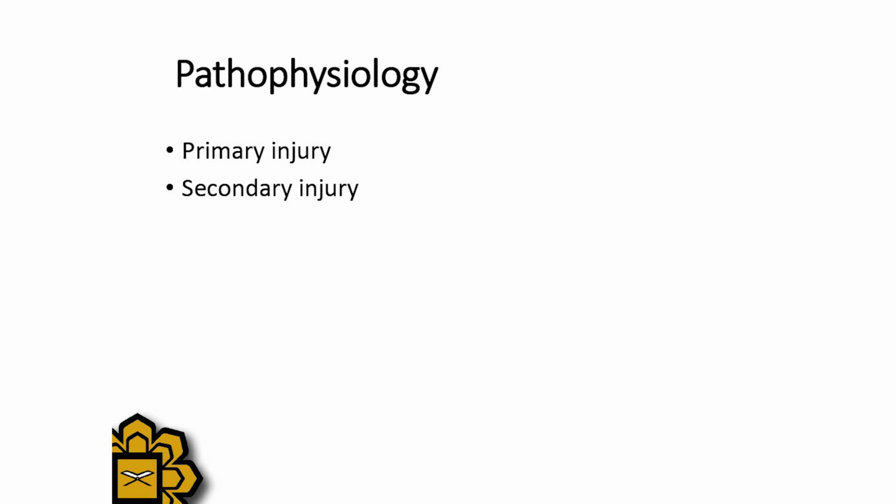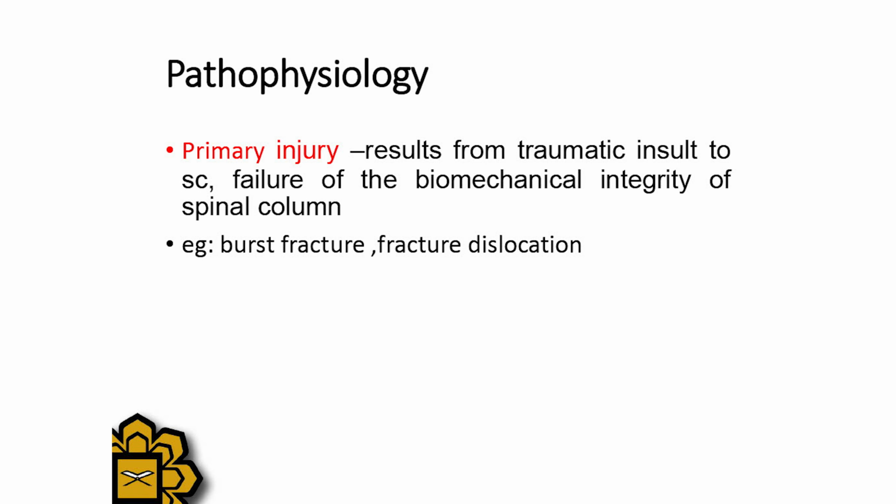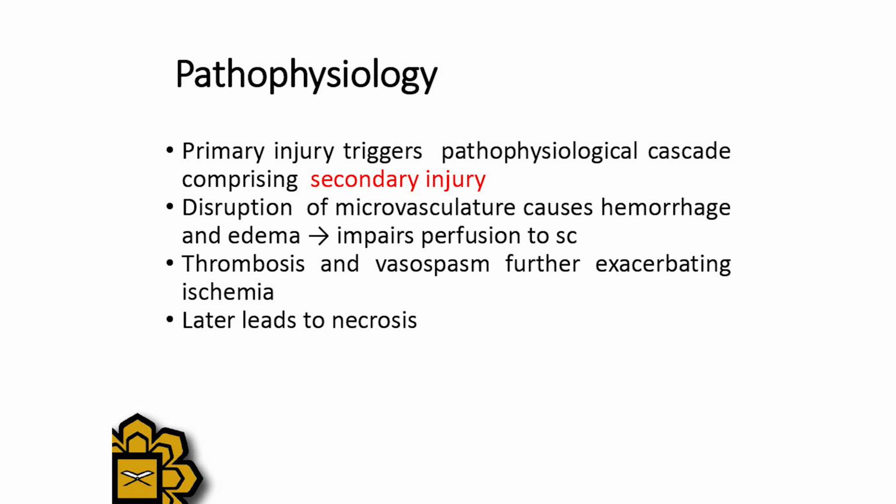So what actually is the primary injury? Primary injury is an injury that occurs at the time of injury, meaning the insult occurs at the time of injury. It can be stretch, contusion, laceration, something like that, for example fracture dislocation. Primary injury will trigger secondary injury as well.